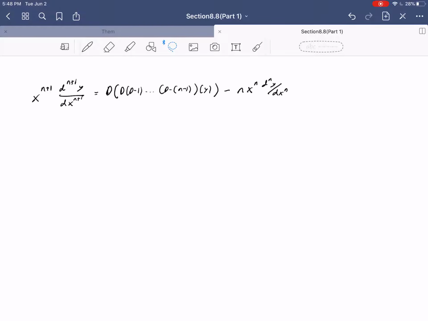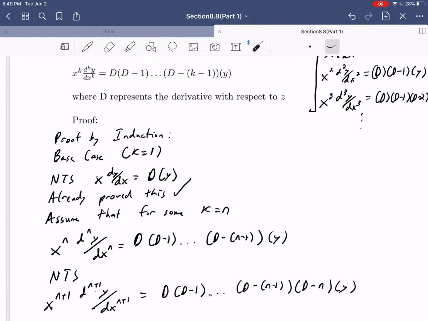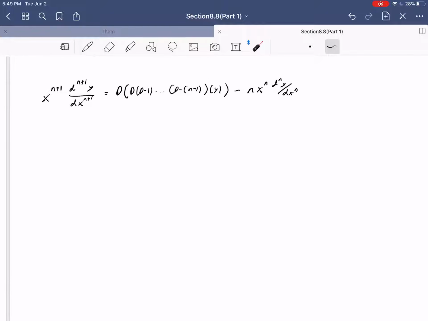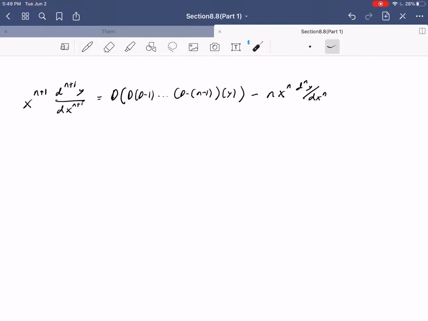So we're right there. But now, like we said, we're going to go ahead and replace this guy with the inductive hypothesis, which said that this should be equal to (d minus 1) down to (d minus n minus 1) of y. So let's go ahead and do that.